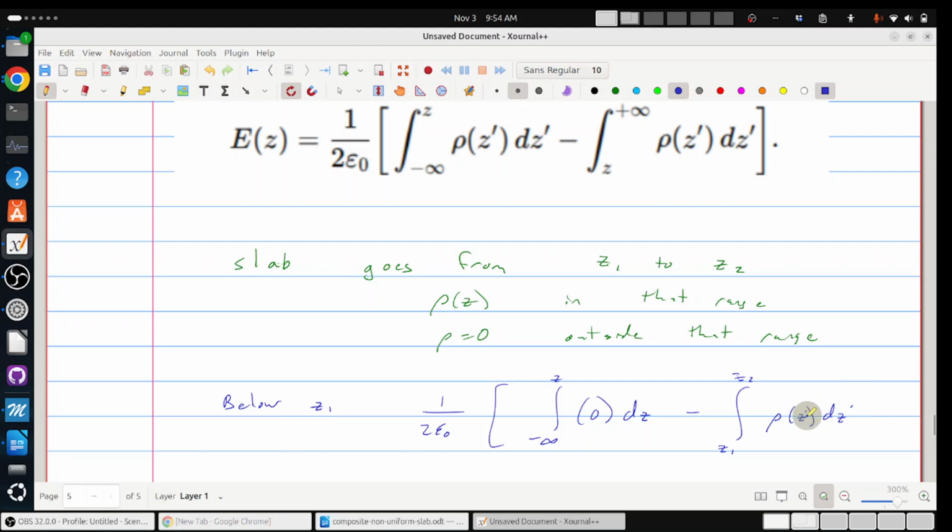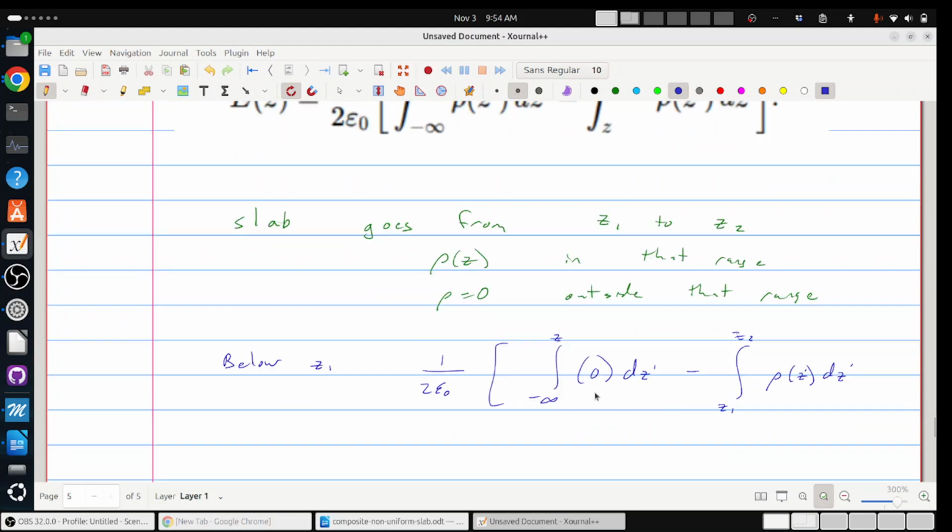And here they're using Z prime as the integration variable just to make it a little easier to see what's happening here. Because above Z2, there's also no charge density. So I don't have to go all the way out to infinity. I just only have to go up. And I don't really have to consider the stuff below, because all of that's going to be 0.